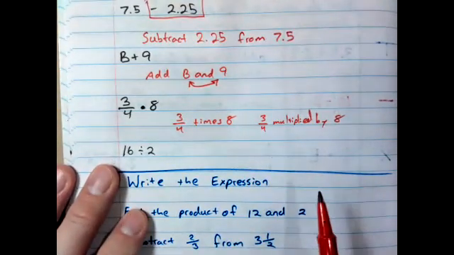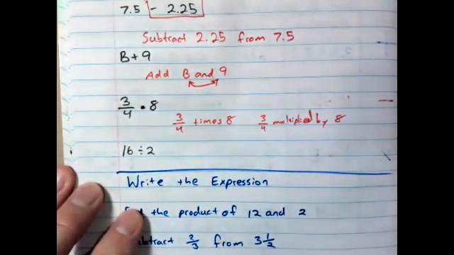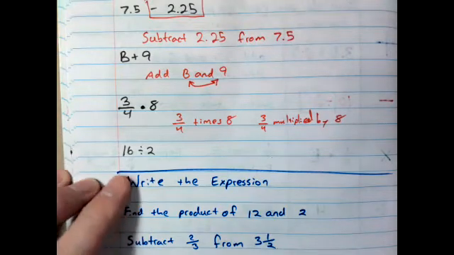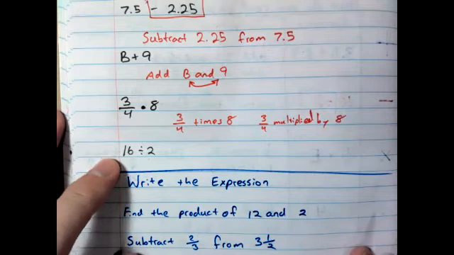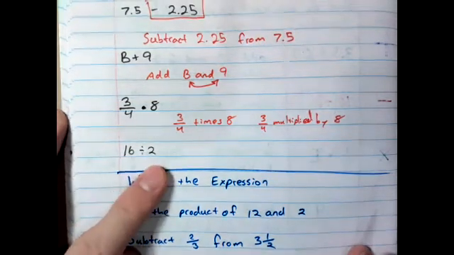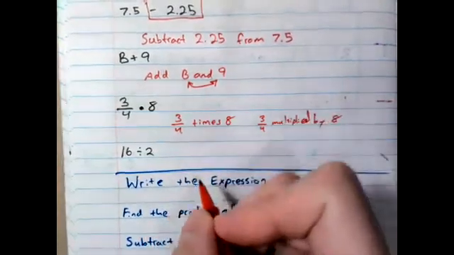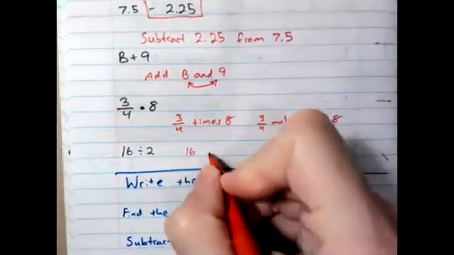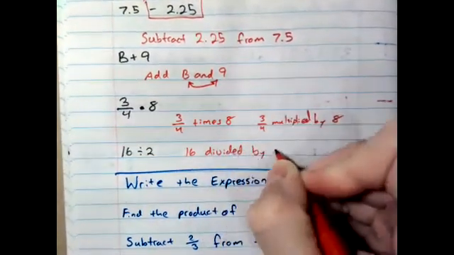We could say the product of 3/4 and 8. All would work. All right, and our last expression to words, 16, division sign 2. I think the easiest route to write this would be 16 divided by 2.